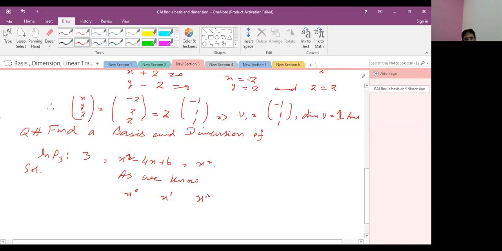When we consider the power, it is 3, so x cube minus 4x. So we will consider the powers x1, x2 and x3.